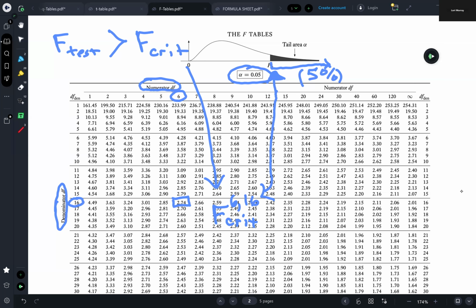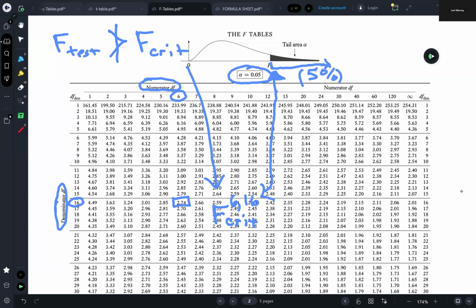Okay, so whenever we do reject the null hypothesis, we automatically have statistical significance. And that means that the F test statistic is in the shaded region and it would have an area under the curve less than 5%. And so that would mean the result of the test is statistically significant. If the test statistic is not greater than the critical value, then it's not in the shaded region.